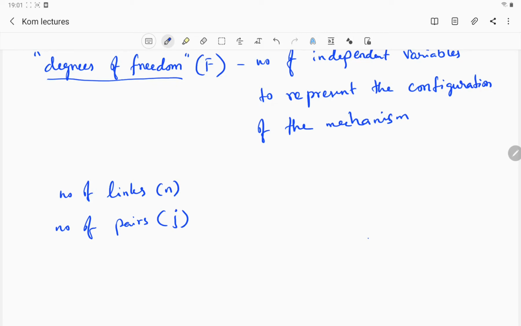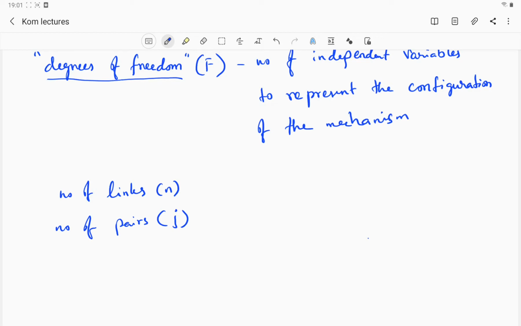Now let's say a mechanism is having n links, and the mechanism which we are talking about is a planar mechanism, which means it's restricted to move only in a plane.